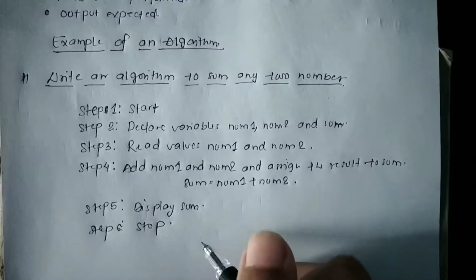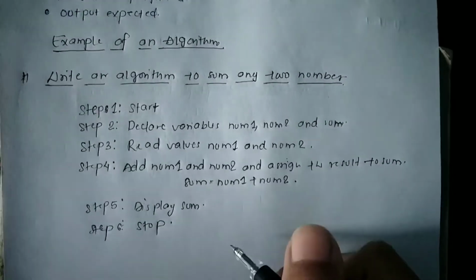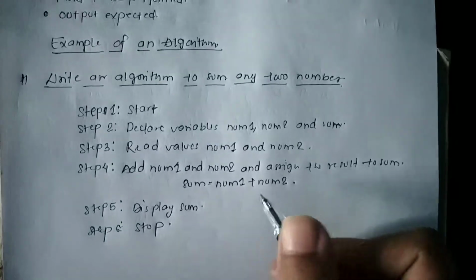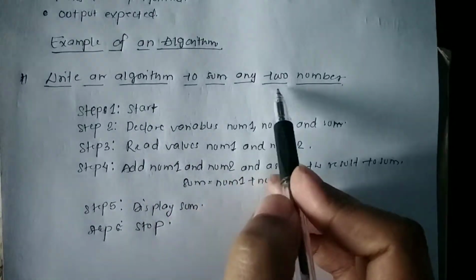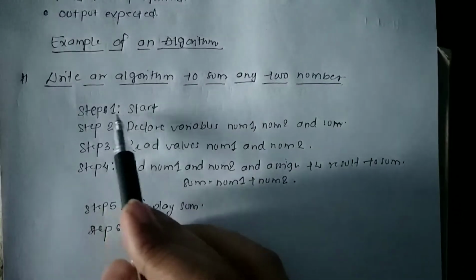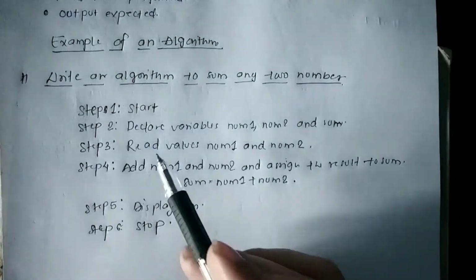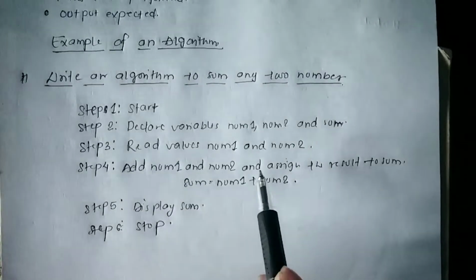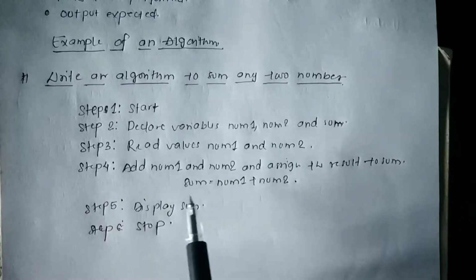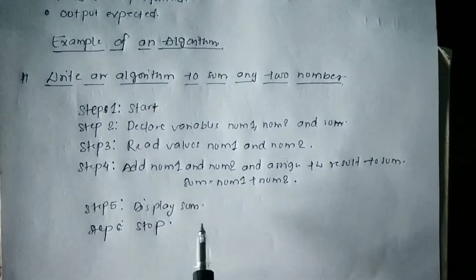Basically, in algorithm, we will write the logic of the program. So it was an example of the algorithm to sum any two numbers. First comes start, second comes declare that number 1, number 2 and sum with the values of number 1 and number 2, then add the number 1 and number 2 and display sum.